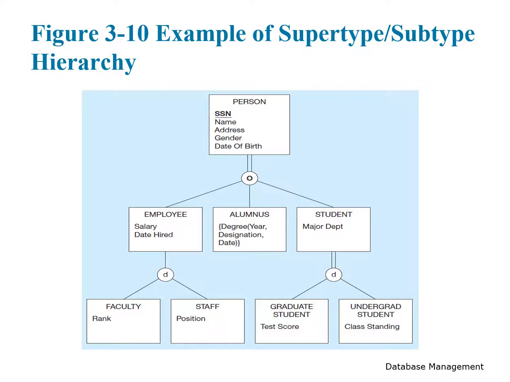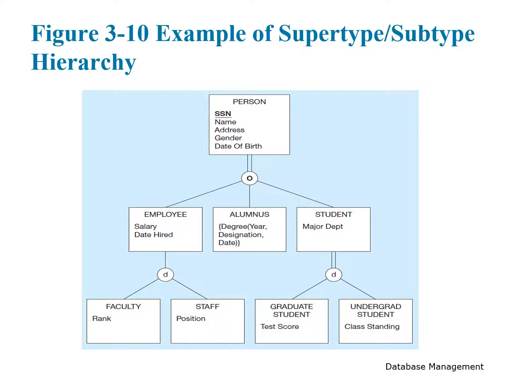Can you envision what the person's subtype discriminator would be? It has to be a composite attribute. Is it possible for an employee to be something other than faculty or staff? Why or why not? Yes, because of partial specialization.